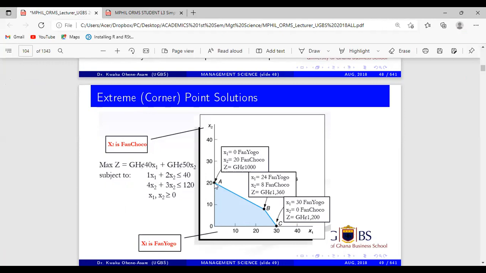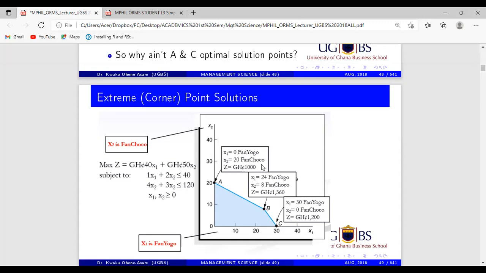We'll go back to the Excel again, and then you will see that the iteration we just did, which is iteration 1, has given us the solution for this point A. So you will see that for the Z value, we are having a solution of 1000 on our Excel. We are having an X2 value of 20 and X1 is 0. Let's go there and see what I'm talking about.